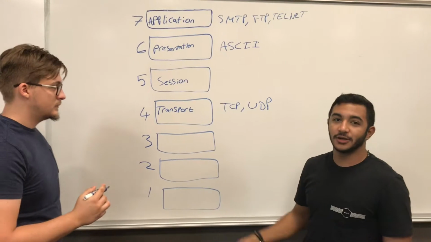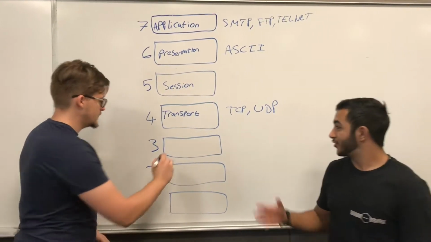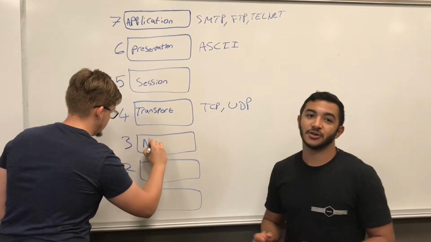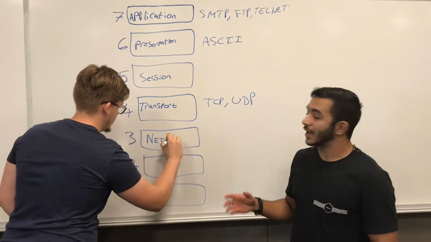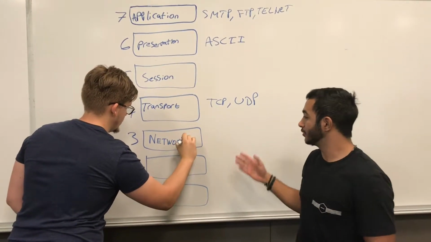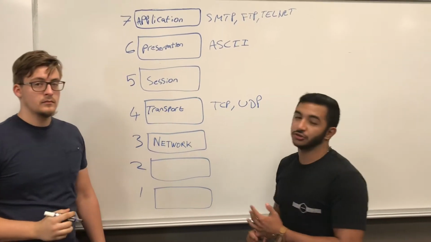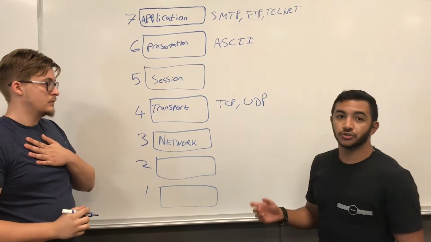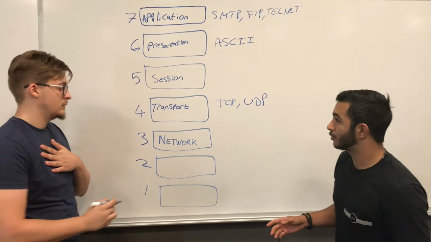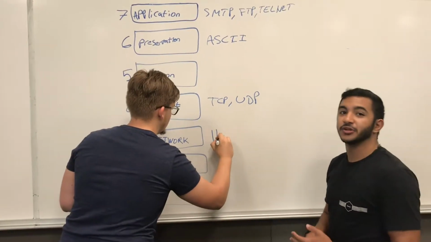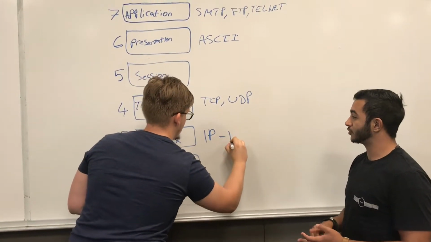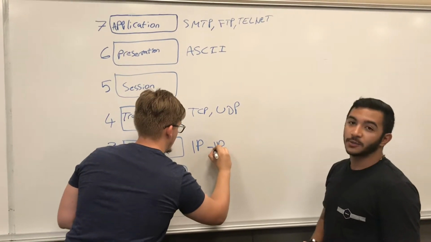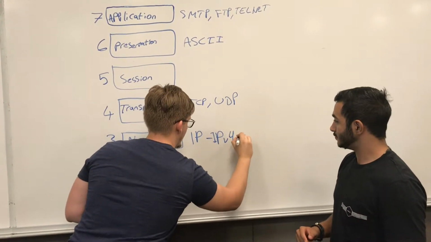So the 3rd layer is the network layer, and this layer directs where a message goes. The packet, which is the PDU here, has information regarding the source of the sender and the destination of the receiver. This is usually done through the IP protocol, and it can be split into 2 versions, either IP version 4 or IP version 6.